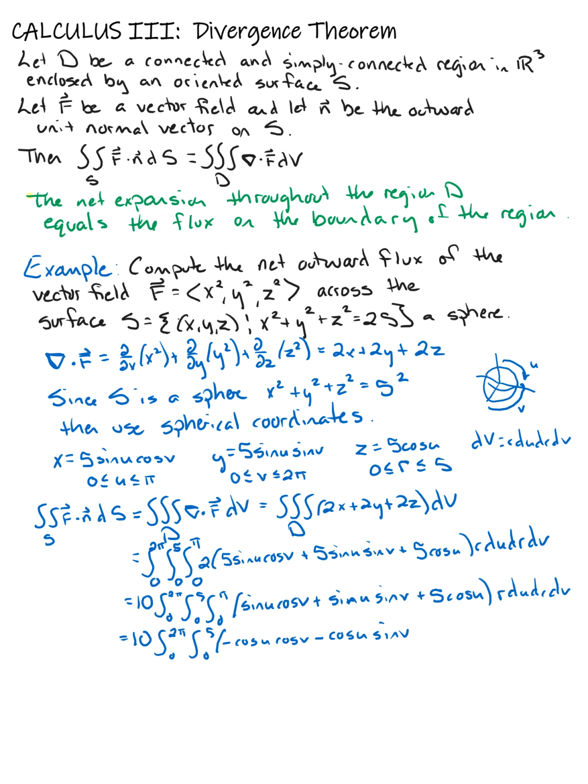And then finally, oh wait, by the way, I need to take that 5 out. That's better. Integrating the cosine of u gives us just plus sine of u. And we're going to evaluate this for u going from 0 to pi.